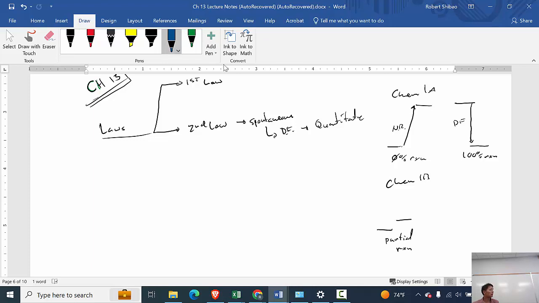Yeah, we're going from lower to higher, but when we look at the population of molecules here, they don't all have the same energy. In fact, I'm going to see a distribution of energies, and what type of distribution is that called?